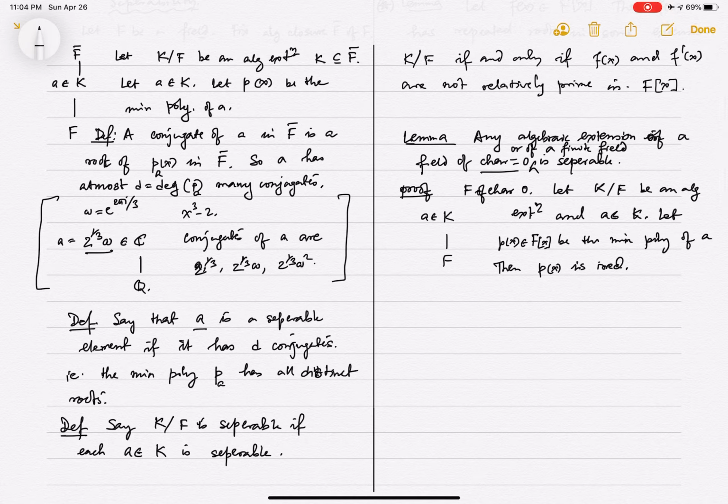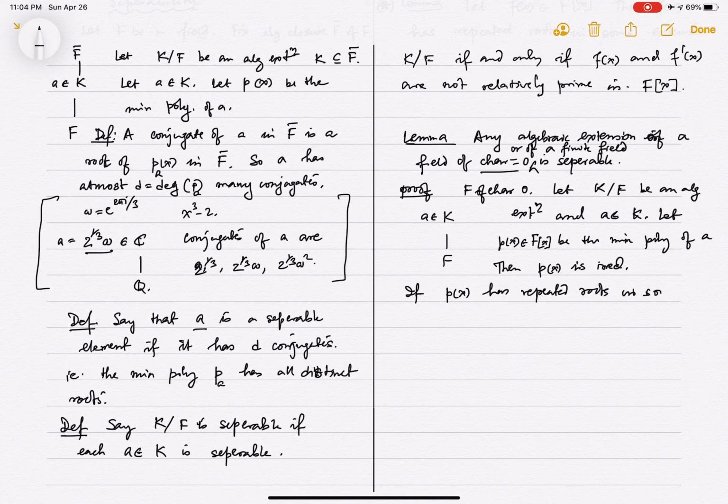So if P(x) has repeated roots in some extension, then GCD of P(x) and P prime(x) is not equal to 1.